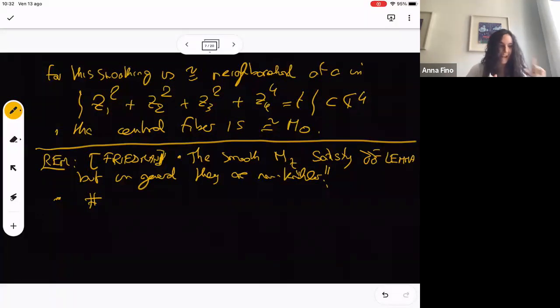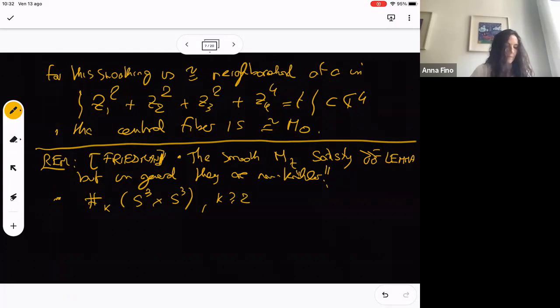But if you take the connected sum of S3 cross S3 with k bigger than or equal to 2, then this is balanced. First, Friedman showed that you have a complex structure in this way, a complex structure on this manifold.